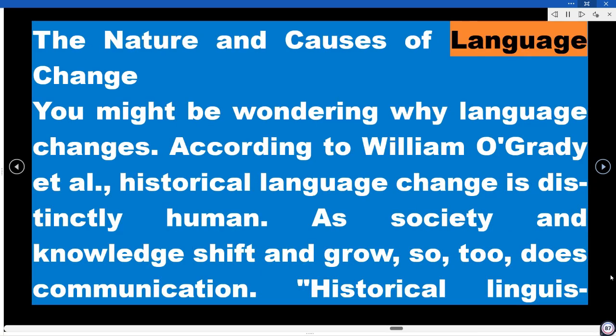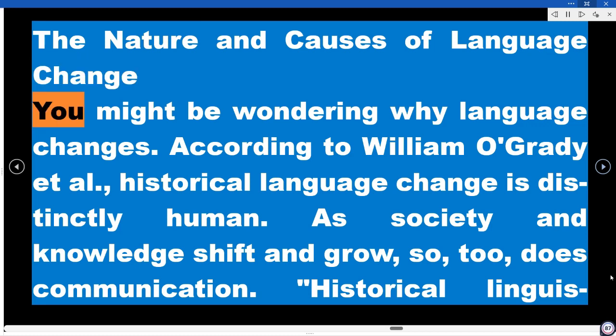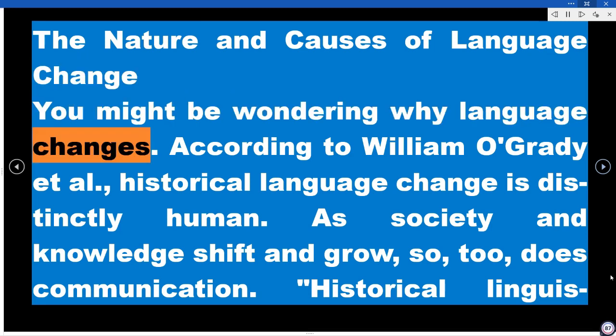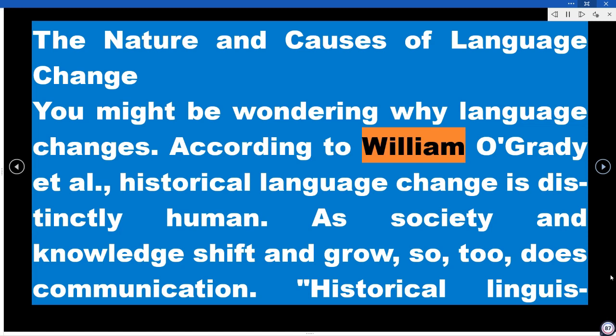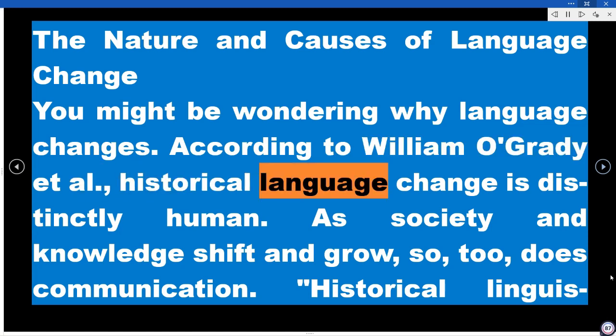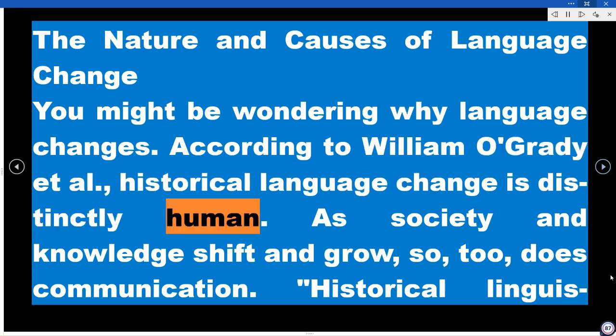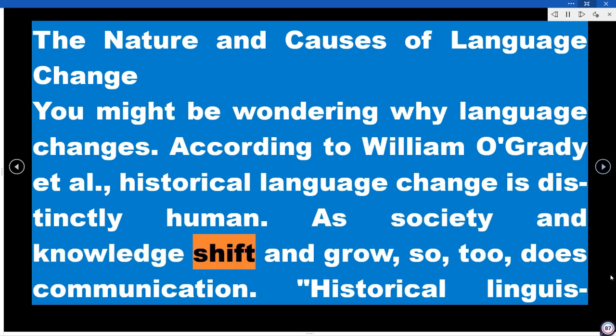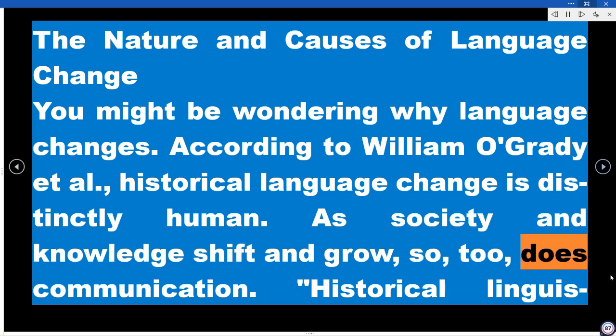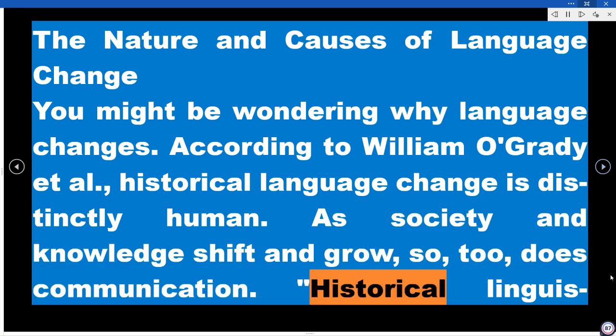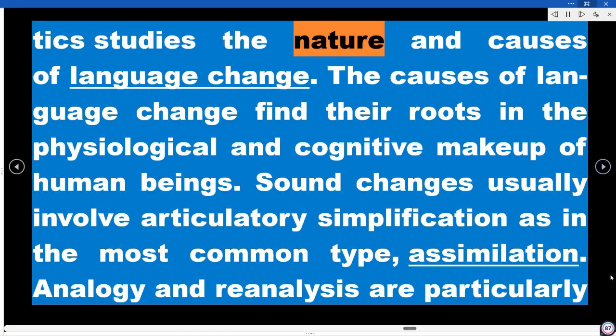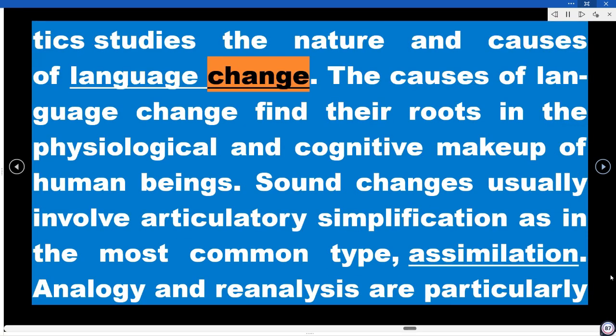The nature and causes of language change. You might be wondering why language changes. According to William O'Grady et al., historical language change is distinctly human. As society and knowledge shift and grow, so, too, does communication. Historical linguistics studies the nature and causes of language change.